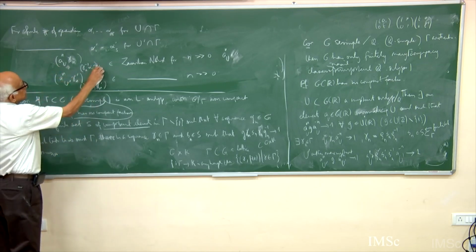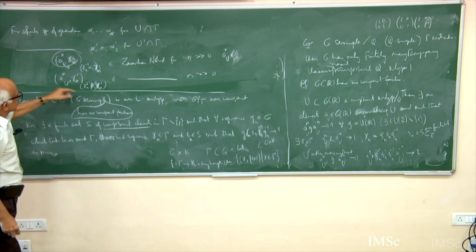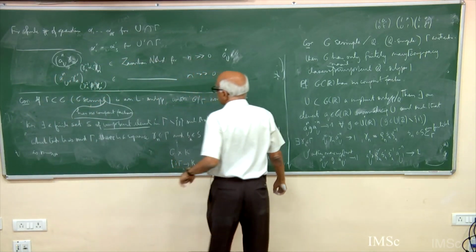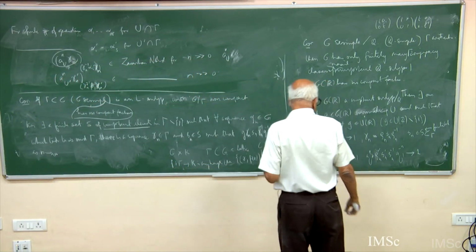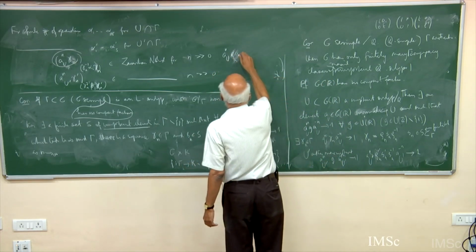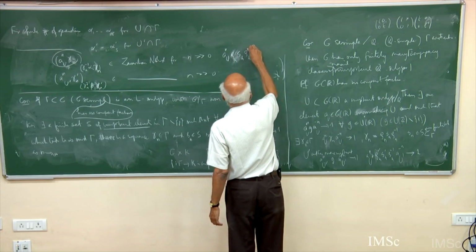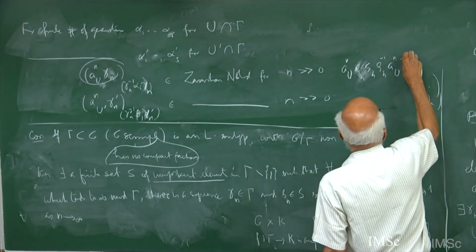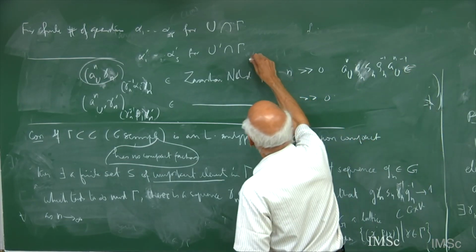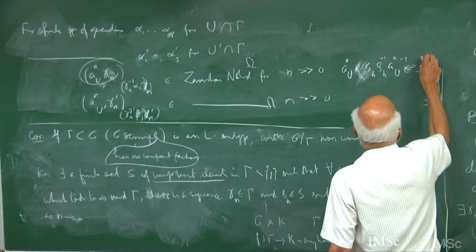So this element conjugates this towards identity. Both these elements are going to the Zassenhaus neighborhood for large n. And you also have A^n U ρ_n S_n ρ_n inverse A^n U inverse tending to, again, the Zassenhaus neighborhood. Let me call this Zassenhaus neighborhood some Ω for large n.